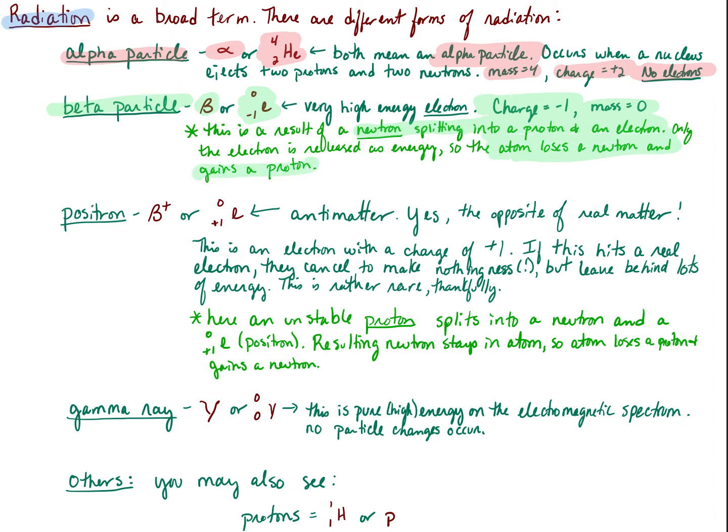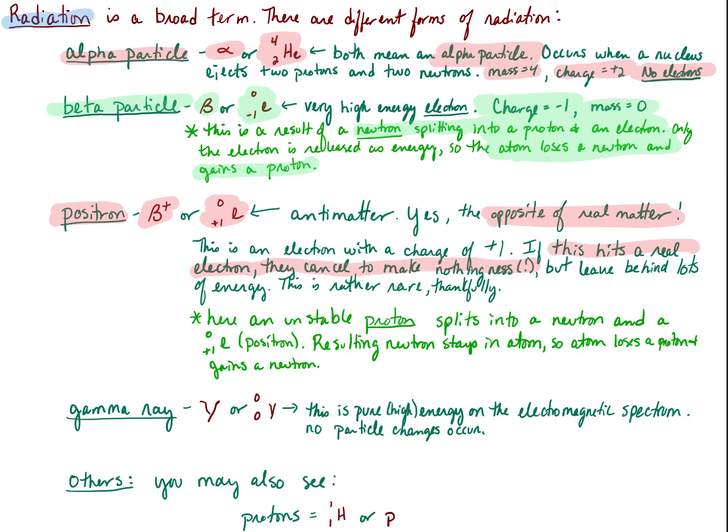Okay. Now, the opposite of a beta particle is something called a positron. These don't happen very much. This would be a beta plus or an e with a +1 charge at the bottom. This is antimatter. That means that this is the opposite of real matter. If this hits a real electron, they cancel out to make nothingness, and that's when really large amounts of energy are released.